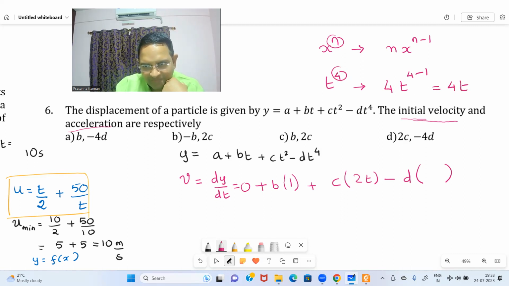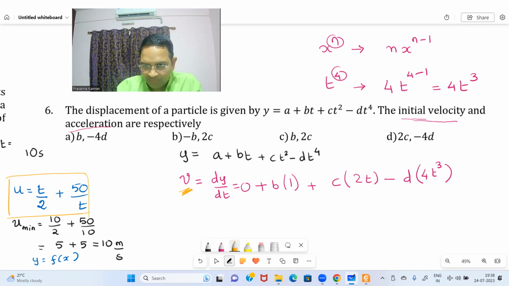So what is the answer? 4t cube. Okay, so what have we got now? Velocity is obtained. But we are not asked to find velocity.